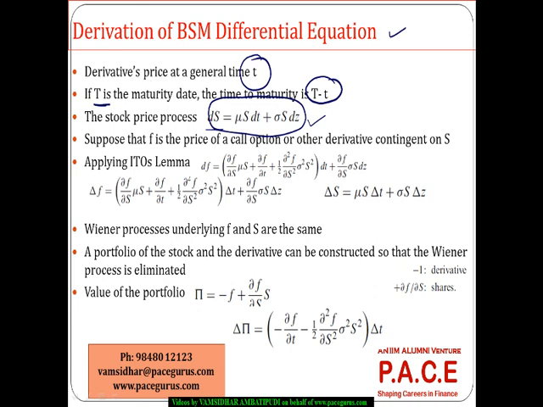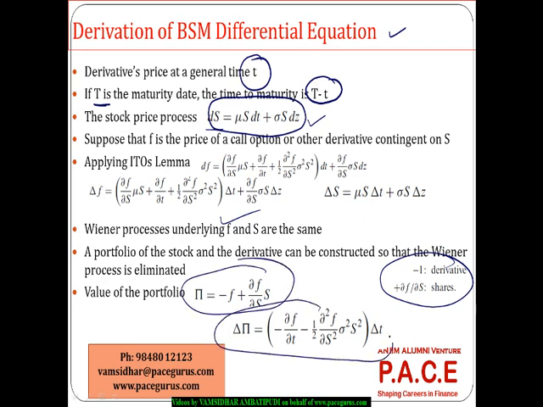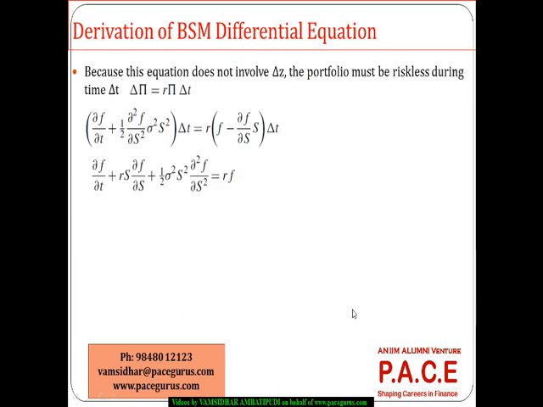So we have used Ito's lemma wherever possible, and based on that we found out, and we also say that the Wiener process underlying the value of the derivative and the underlying stock are the same. The portfolio of the stock and the derivative is constructed in this mechanism. The value of the portfolio is going to be this much. The change in the value of the portfolio, I can find with respect to delta F as well as delta S and simplify it just like the way we have done on the sheet.